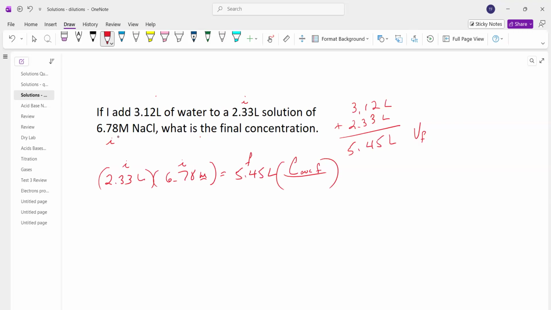So we solve for the final concentration. Okay, so liters cancel. Notice concentration is left over.